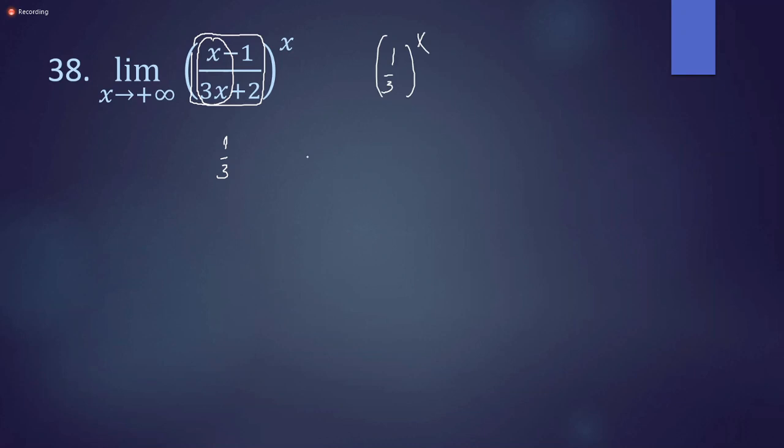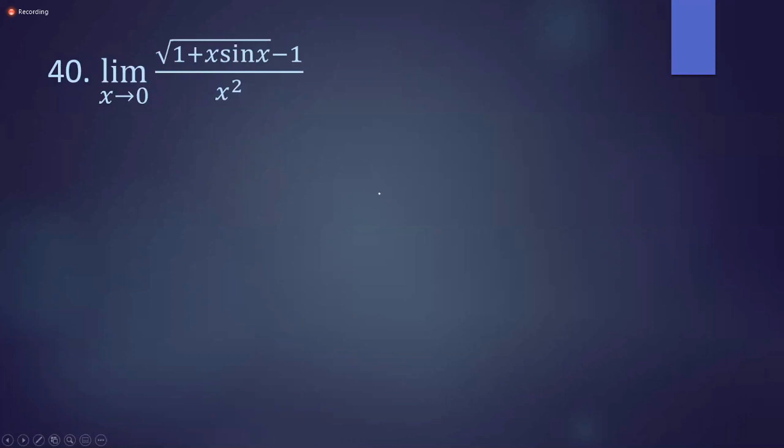When x tends to positive infinity, this actually tends to 0. So be very careful. Sometimes there might be a catch, not a catch or a trick, but just note what is in there. So pay attention to what you see. And I guess this is the last one.